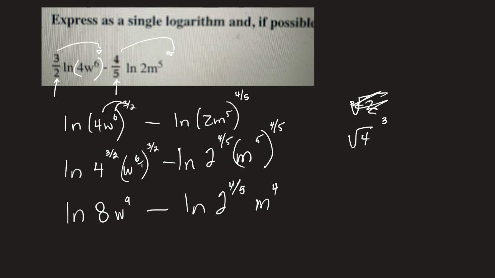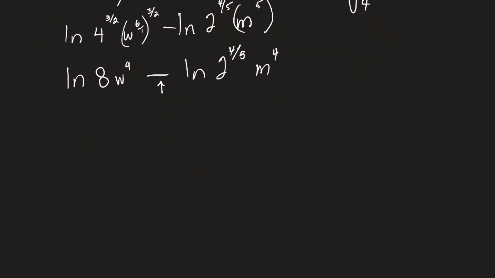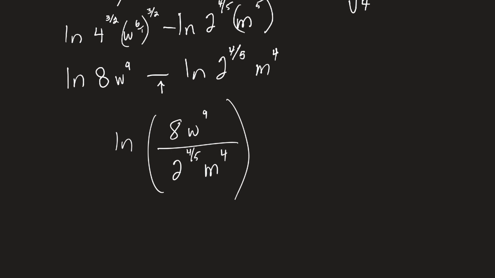Here we go. Okay, so now I can squish it using the quotient rule. So it'll be ln of 8w to the 9th all over 2 to the 4/5, m to the 4th.